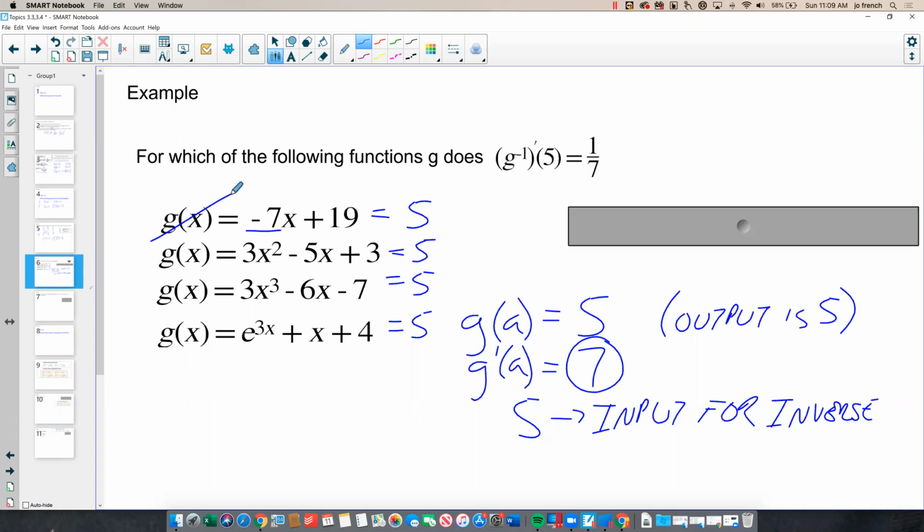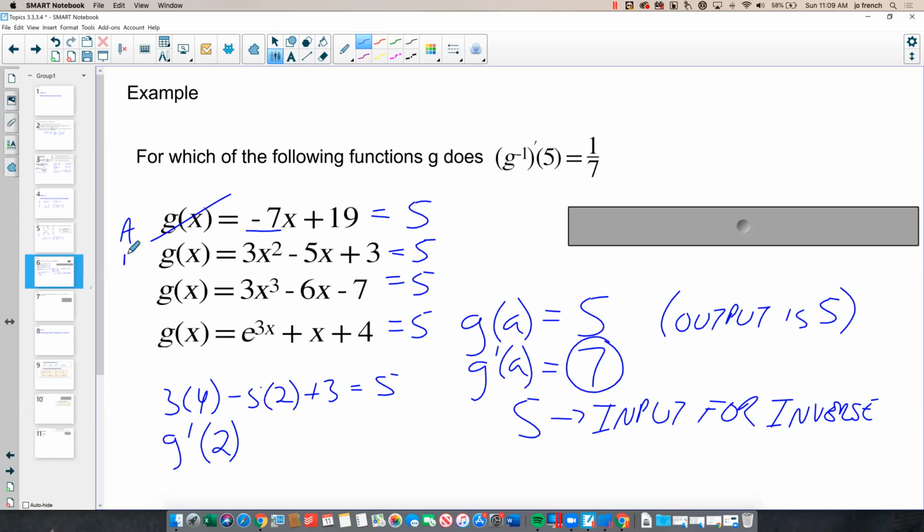Now, 3x squared minus 5x plus 3. Well, 0 won't work, and 1 won't work, but 2, 3 times 4 minus 5 times 2 plus 3 does equal 5. So if I look here, I'm going to find out what g prime of 2 is for my second function.